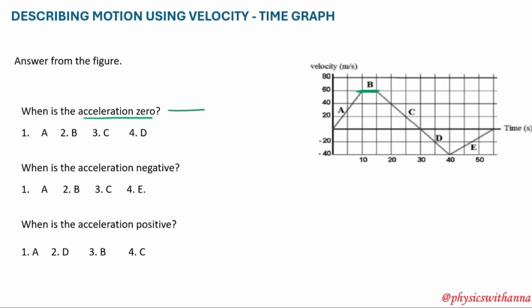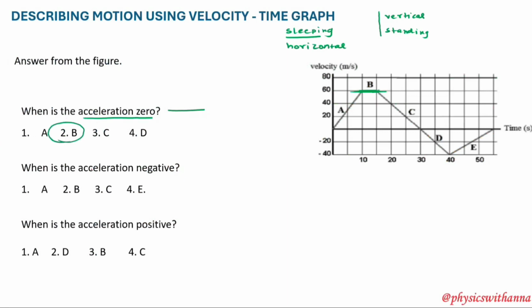This is the only line which is parallel to the time axis, or it appears to be sleeping. So these kinds of lines are called sleeping, which is also called horizontal. Horizontal means a sleeping line, a line which is on the x-axis or parallel to the x-axis. And a line which is standing straight is called vertical. So if you see a sleeping line, acceleration over there will be 0. So I will choose the answer to be option 2, which is B.